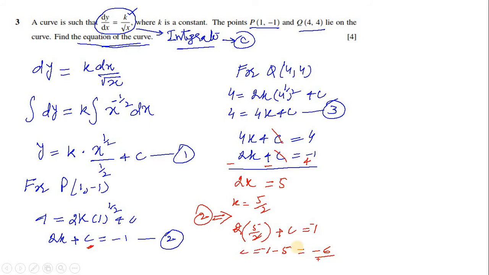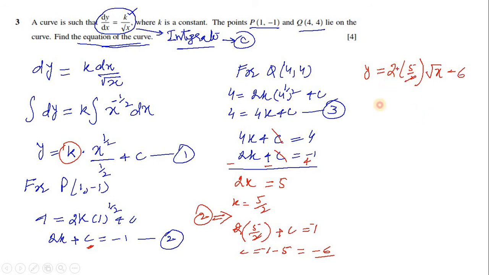Now we have a value of c, we have a value of k. So the equation of the curve is y is equal to, you can substitute here k, which is 5 by 2, it is not k, it is 2k, because this 2 will come here like this. So y is equal to twice of k, twice of 5 by 2, into x to the power half, or you can say root x, plus c, and c is minus 6.